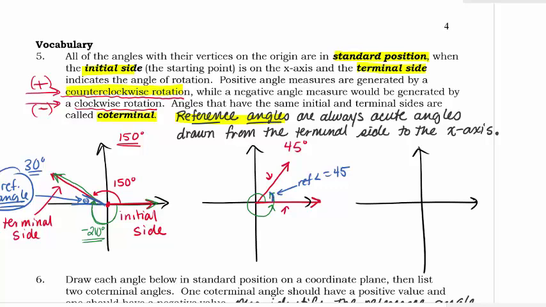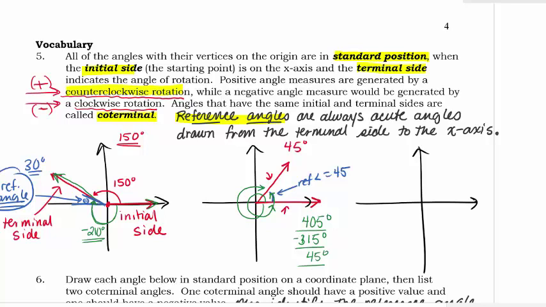So 360 plus 45 degrees would be a 405 degree angle. So at this point we have our negative 315 degree angle, our positive 405 degree angle, and our positive 45 degree angle. There's an easy way to get coterminal angles, so look for a pattern as we do the last one.